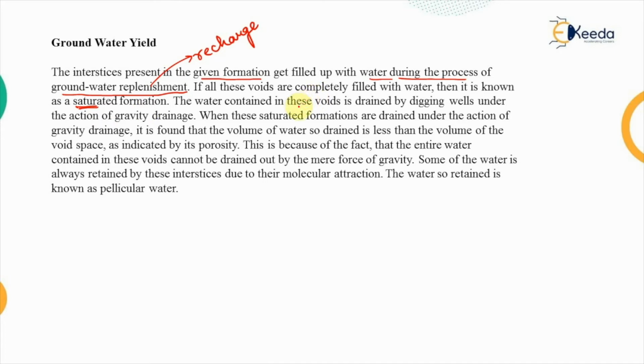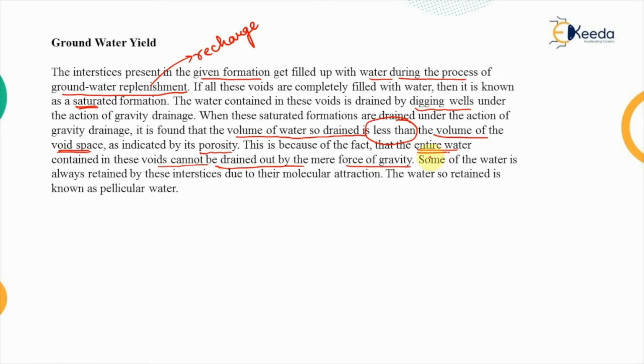Now water which is contained in these voids is drained out by digging wells under the action of gravity drainage. When these saturated formations are drained under the action of gravity drainage, it is usually found that the volume of water which is coming out is not actually the volume of the entire void space, which is indicated by the porosity, because the water contained in these voids cannot be drained out by the force of gravity alone.